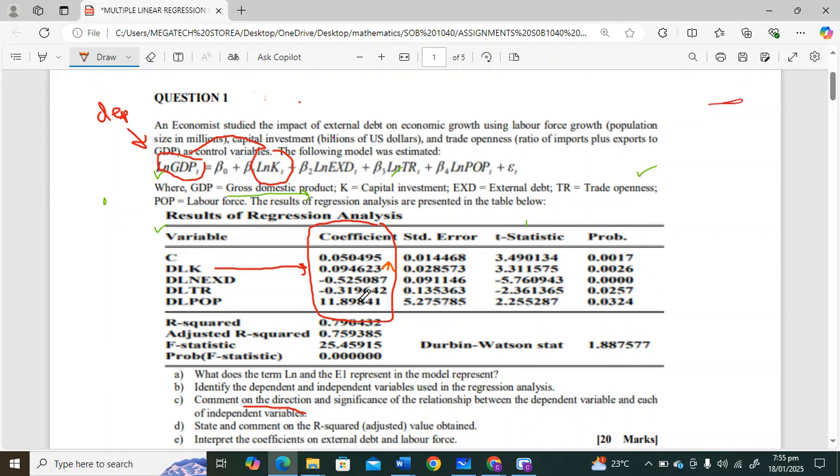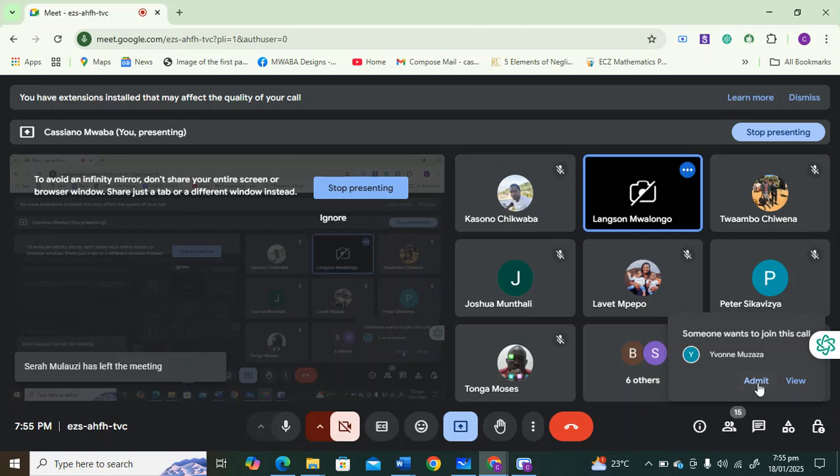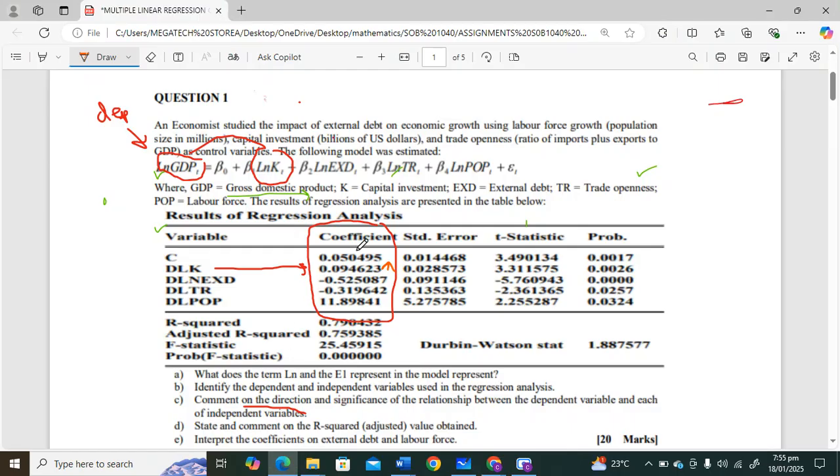So if capital increases by 1 unit, or by 1%, then GDP is going to increase by 9.4%. So in terms of the direction, capital investment and GDP are moving in the same direction, because this is a positive coefficient here.